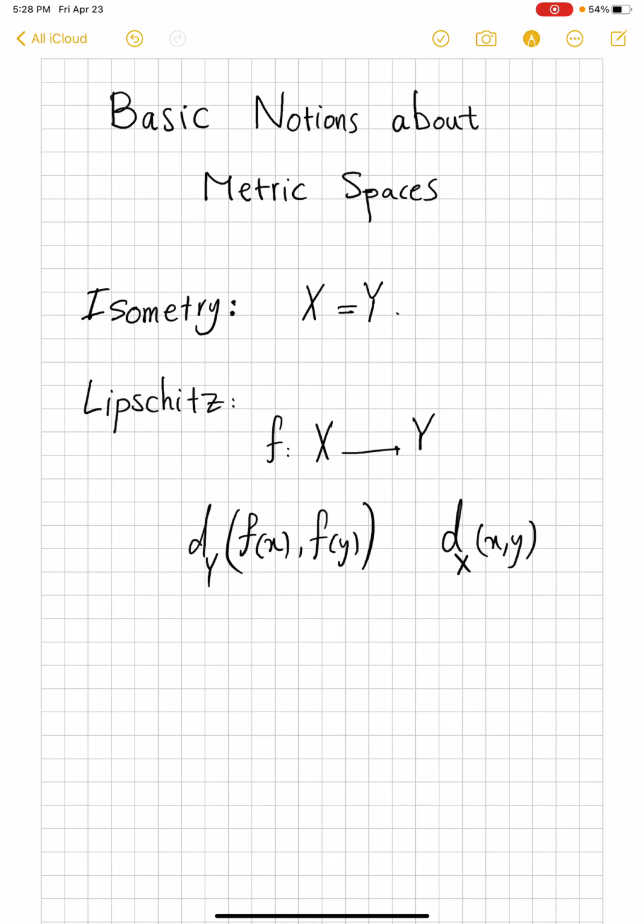So if these were equal, you would get an isometry. But we make the assumption weaker, so we say that this is less than some L, which is called the Lipschitz constant, times that distance.